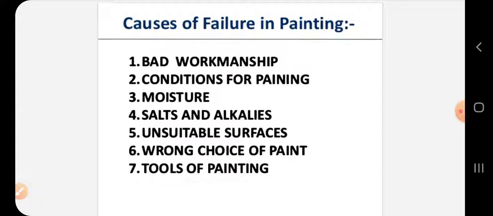Then next is moisture, salts and alkalis in the paint, unsuitable surfaces, wrong choice of paint. Sometimes according to weather or the geographic location as well, in humid areas we cannot use paint which is easily penetrated by water. Tools of painting.